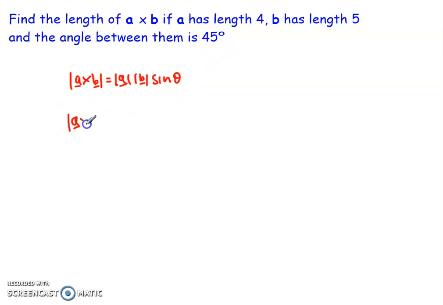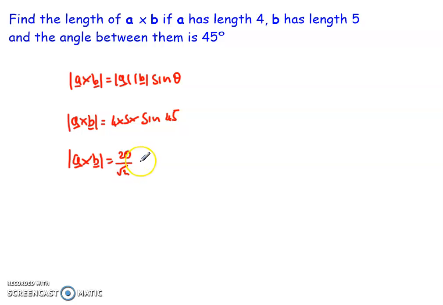So the length, i.e. the magnitude of A cross B, is going to be given by 4 times 5 times sine of 45. So the magnitude of A cross B is given by 4 5s, which are 20. Sine 45 is 1 over root 2. So in this case, it's going to be 20 over root 2.